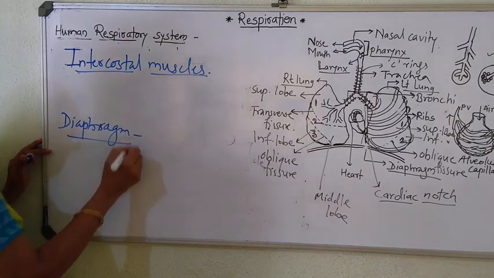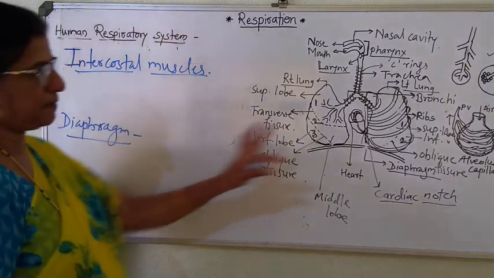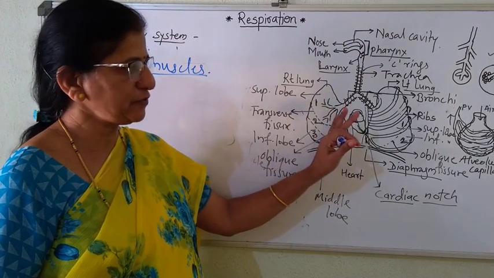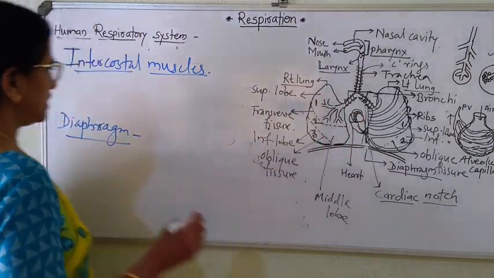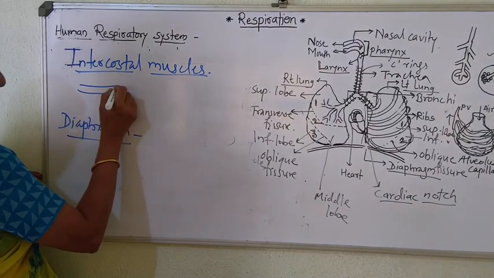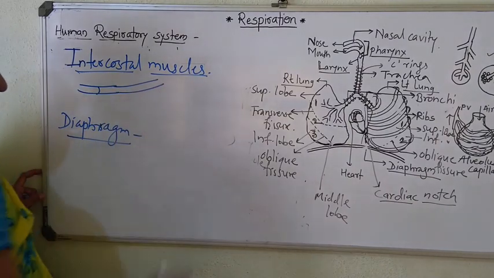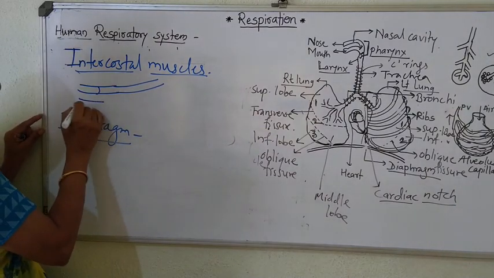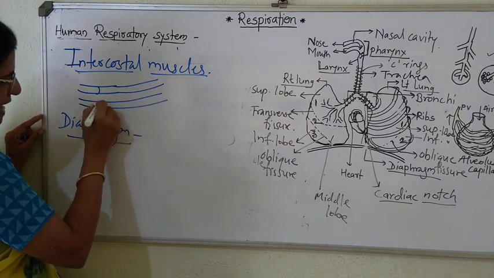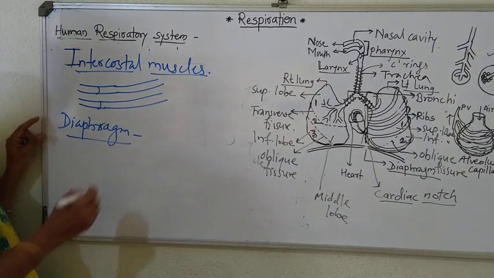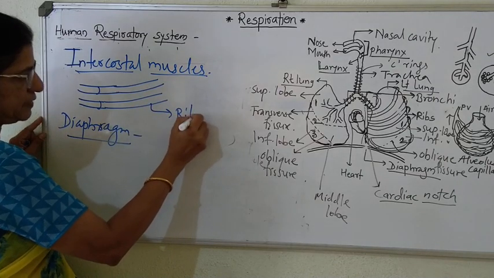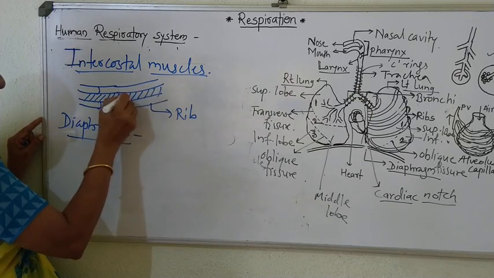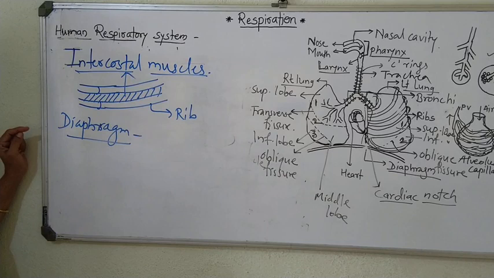What are intercostal muscles? The complete thoracic cavity has one protective skeleton known as the thoracic cage. This thoracic cage possesses ribs. There are about 12 pairs of ribs in our thoracic cavity, 24 in total. They are successive and present laterally. Right? So this is a rib. In between these ribs, muscles are present.